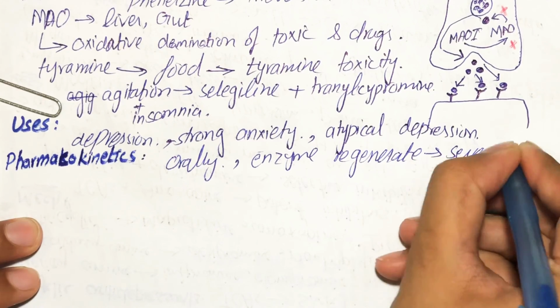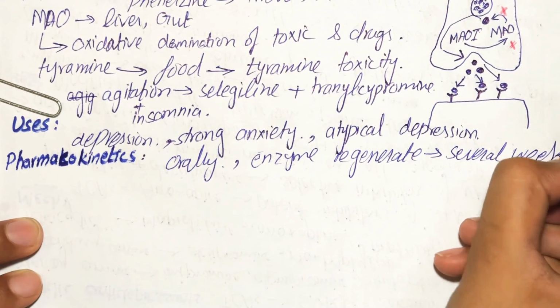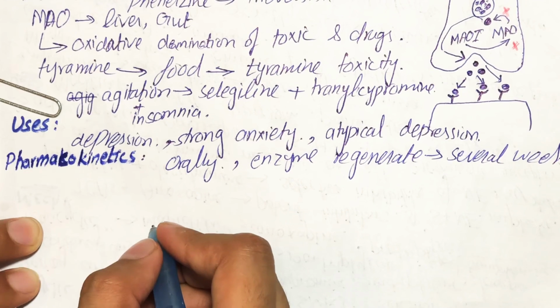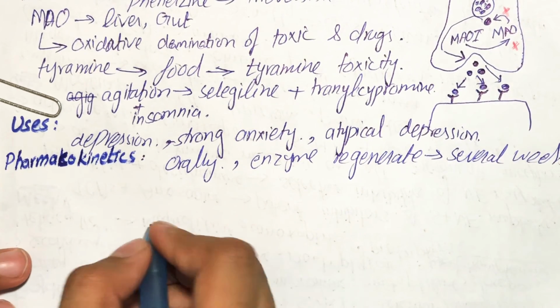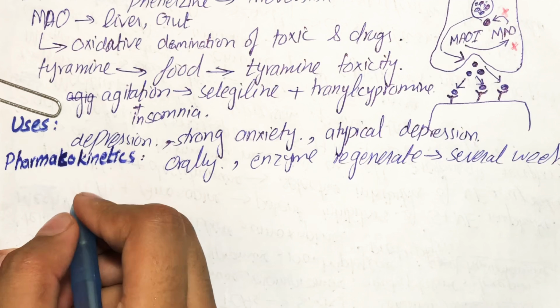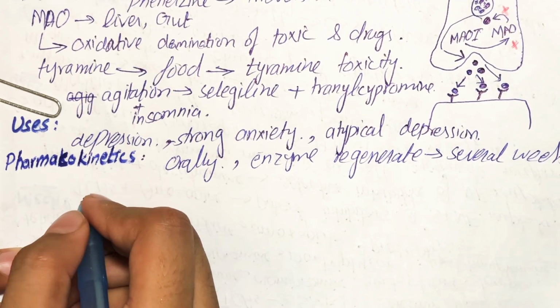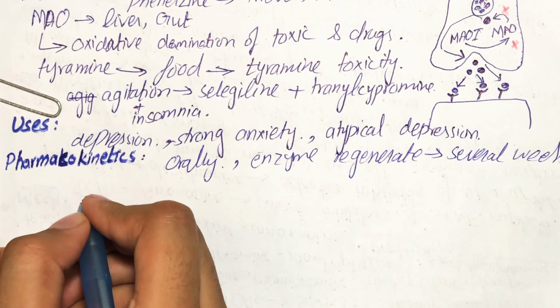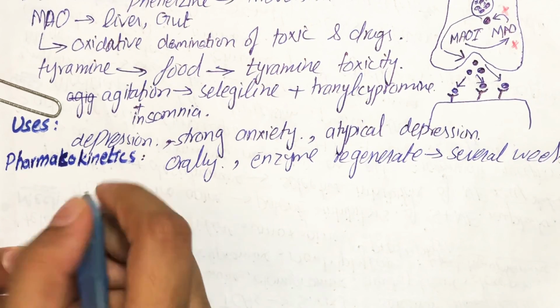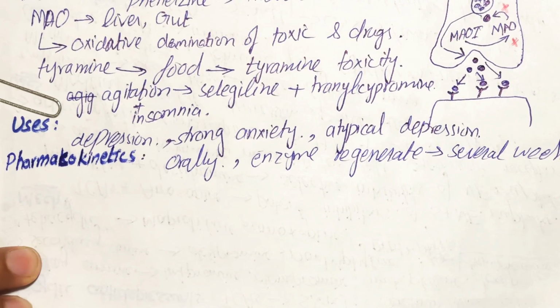If a physician wants to change the therapy of a patient who is taking a monoamine oxidase inhibitor to another class of antidepressant, he should wait at least 2 weeks so that there is regeneration of these enzymes, and after that he can initiate another round of antidepressant of any other class.